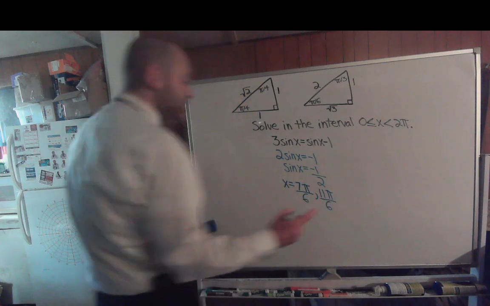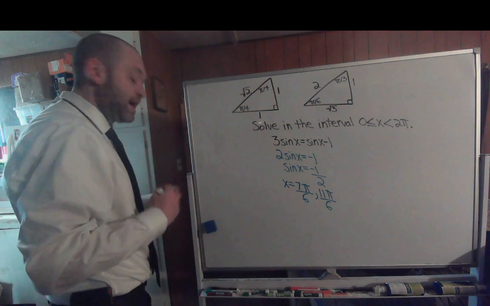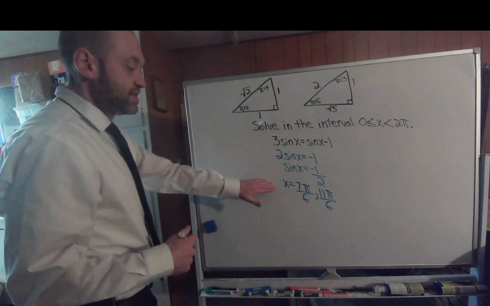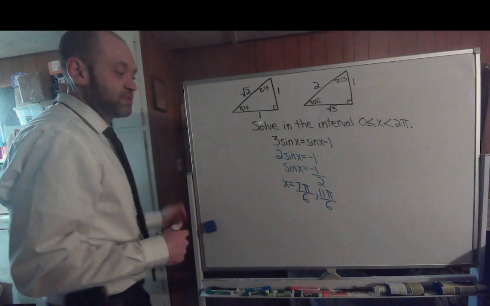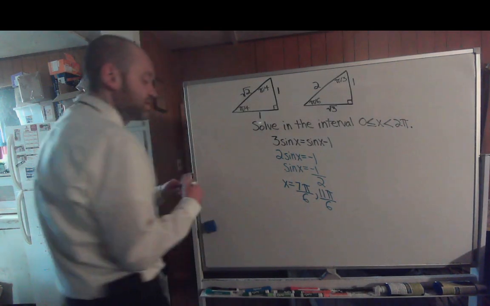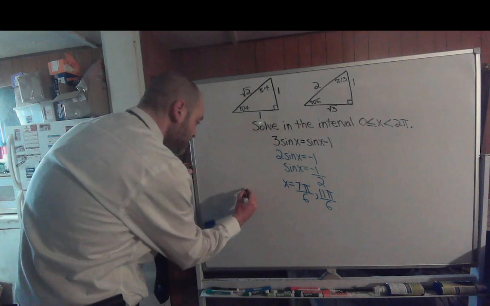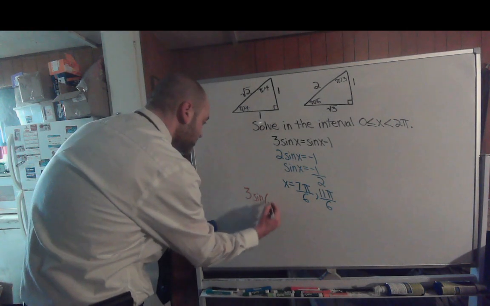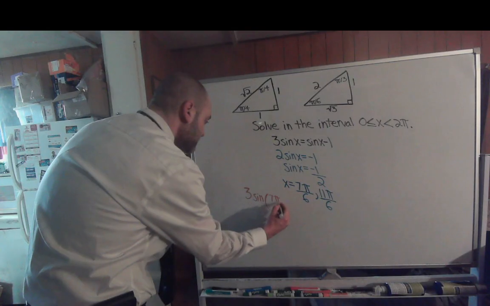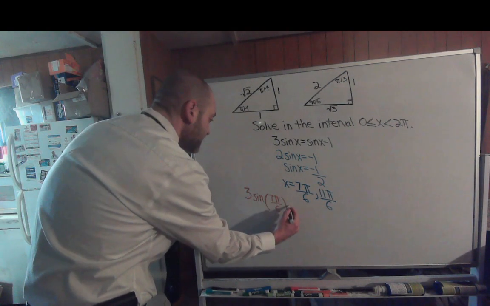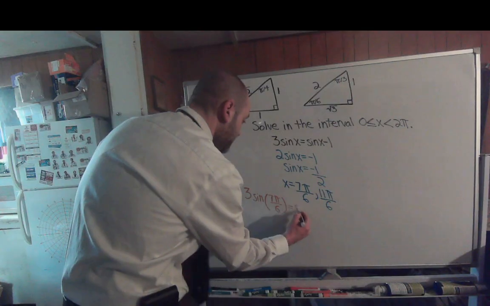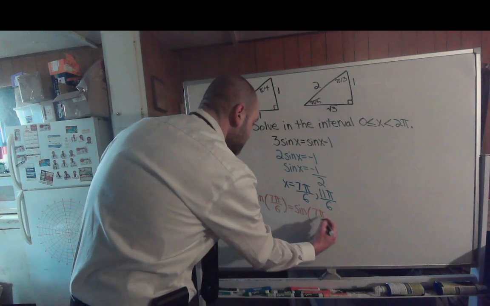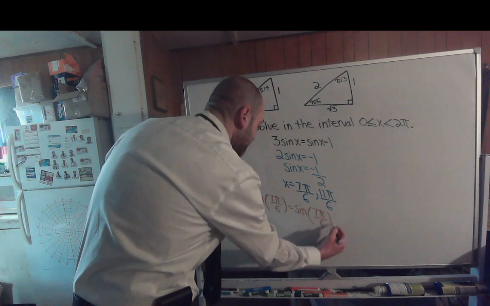Now, it looks like you found your solutions. However, what you want to then do is check these solutions in the original equations. Make sure you don't have any extraneous solutions. So, let's see. Let's take 3 times the sine of 7 pi over 6. We'll set that equal to the sine of 7 pi over 6 minus 1.